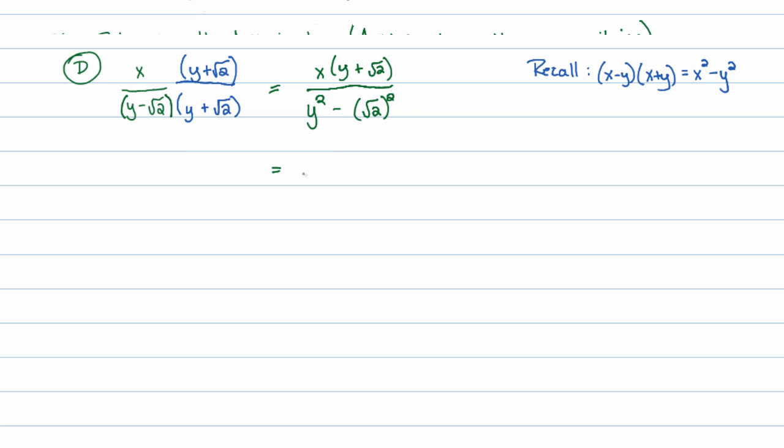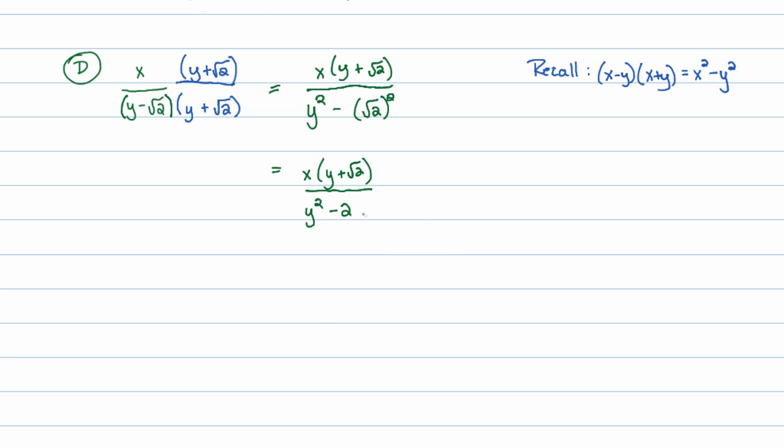So this becomes x times the quantity y plus the square root of 2 all over y squared minus 2. And notice that our denominator no longer has a radical in it. So the rule of thumb here is to multiply both top and bottom by the conjugate of the denominator.